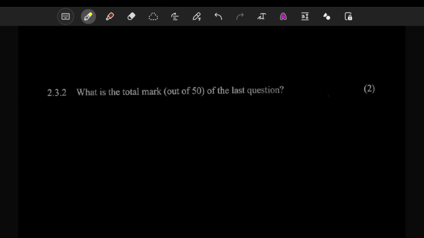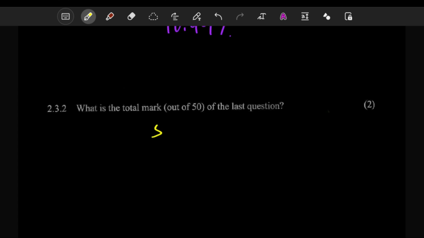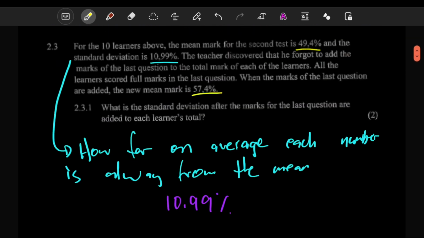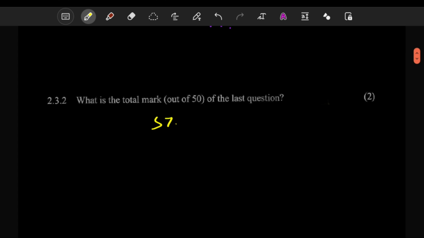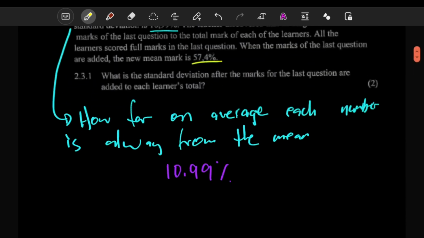So the one thing that you want to do with this question is take your new average, right? You want to firstly check the difference between the averages. This is 57.4. Well, it is a percentage, so you can just work with percentages for as long as you can. Let's see here, this number minus the first percentage.